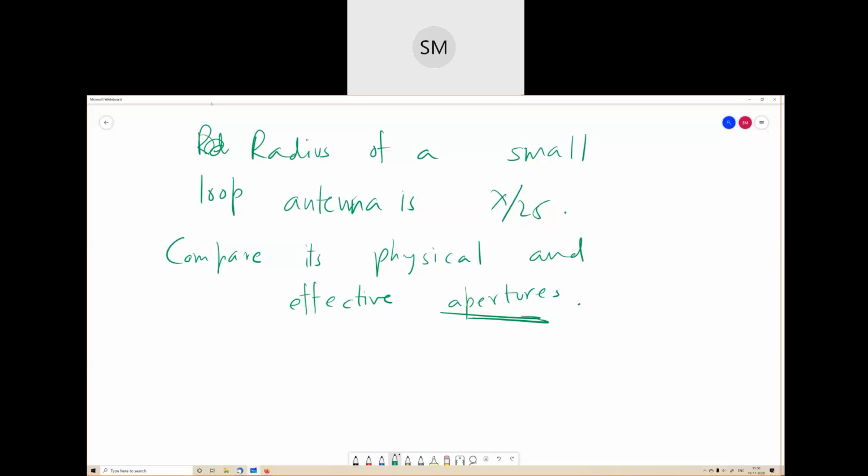It is pi a square, the area, the physical area. S physical equal to pi a square, right?